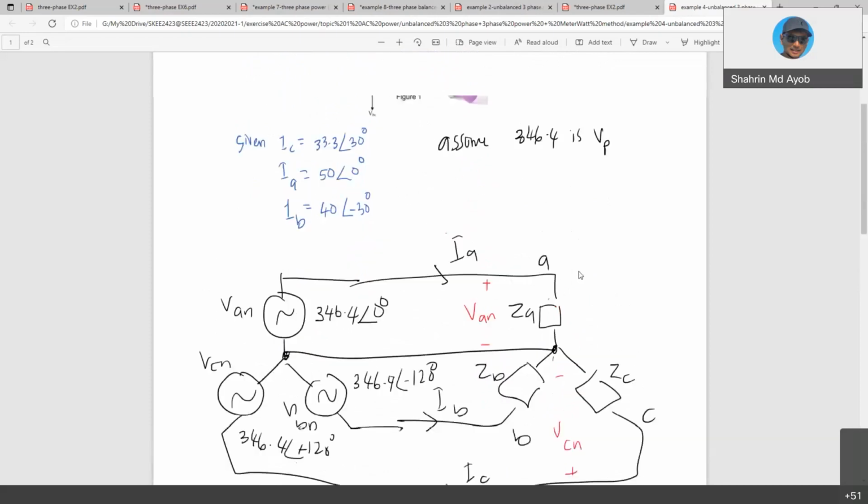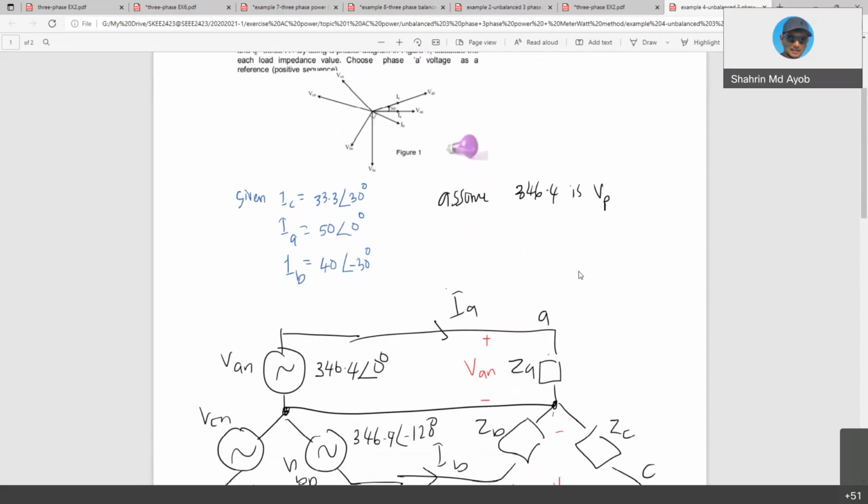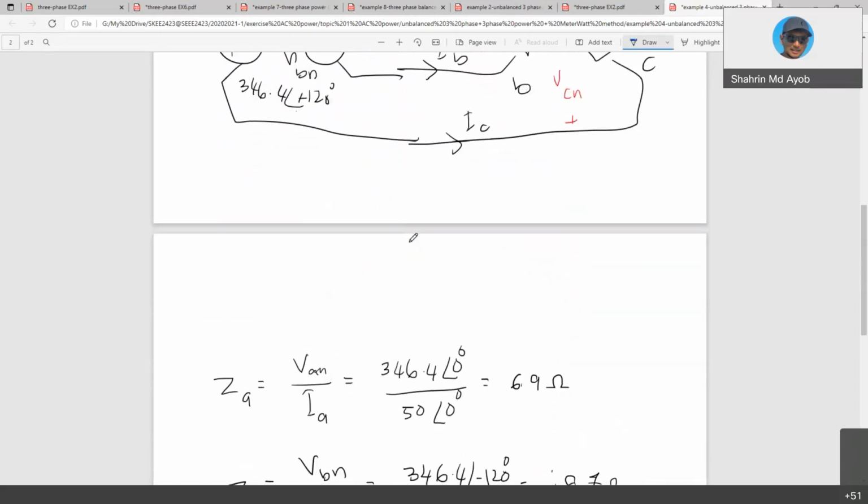The important information here you need to obtain from the phasor diagram. After you obtain this, it is straightforward.